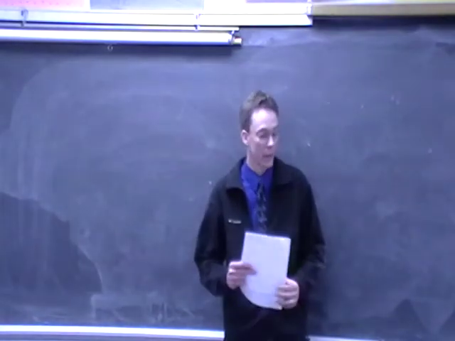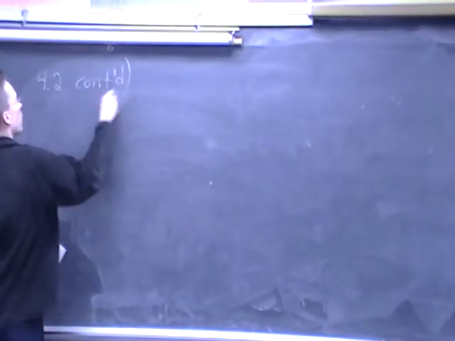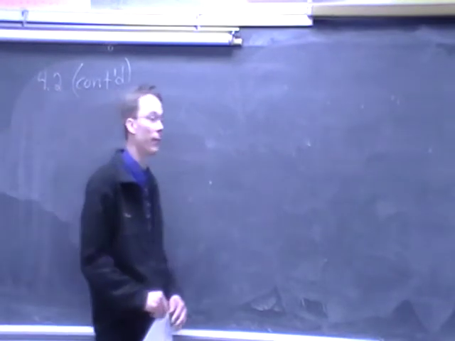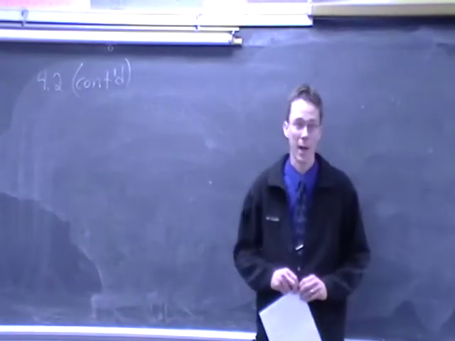So today, in the exciting conclusion of section 4.2, we're going to find exact values under a curve by using so many rectangles you can't even count them. Infinite rectangles.